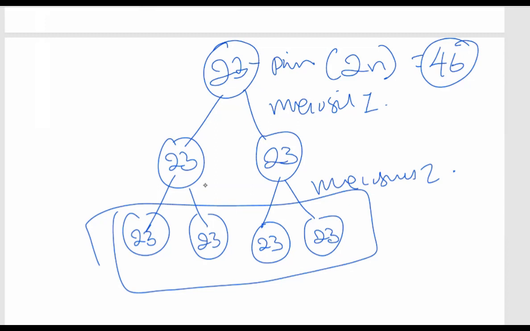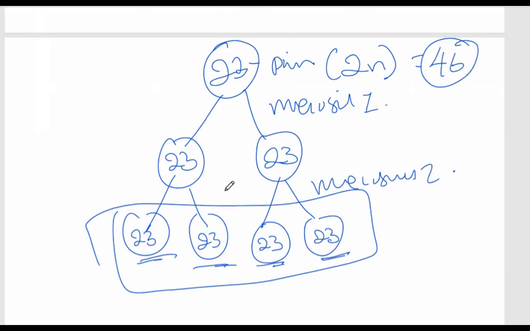So it means that if this is a sperm, this is a sperm, this is a sperm, all of them must be different sperms. That's why if different sperms fertilize different ova, you end up producing non-identical twins. It's because of the different sperms which are fertilizing the ovum.